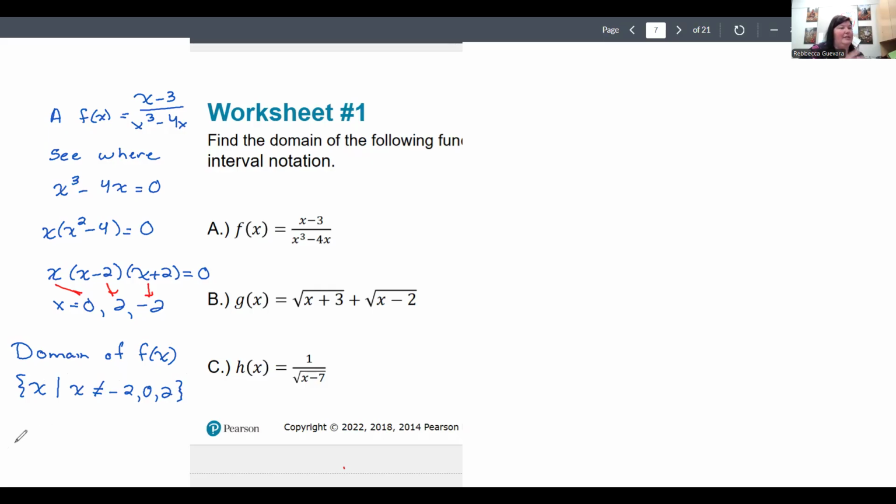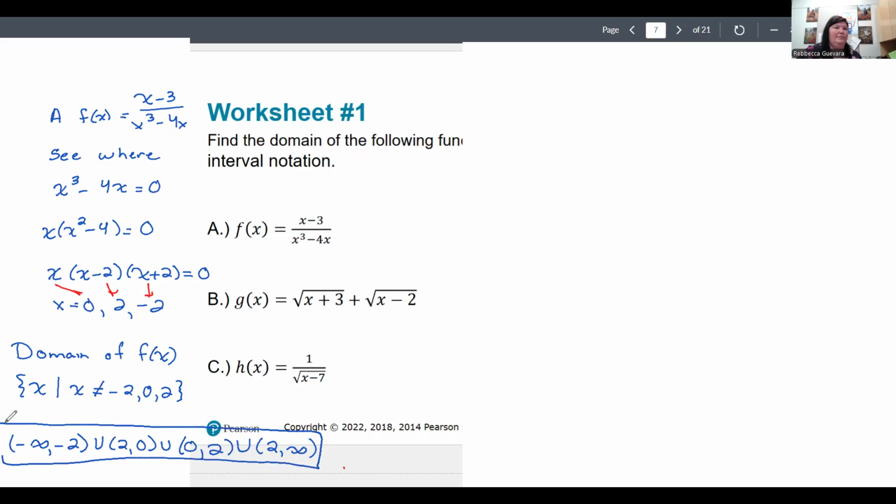Or if we do it with interval notation, we start at negative infinity, go up to -2, then skip over -2, go to 0, skip over 0, go to 2, and after we skip over 2, we go to infinity. So either one of these could be correct. You might also see x is a real number such that x cannot be -2, 0, or 2. But that's sort of the shorthand version.